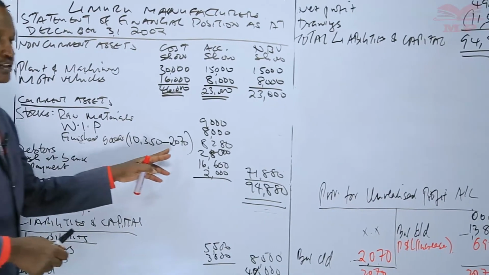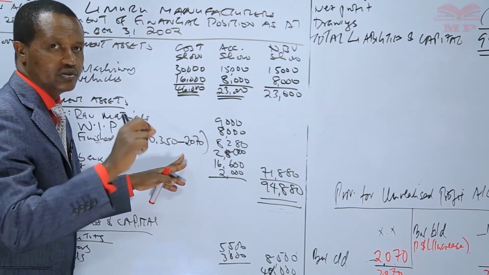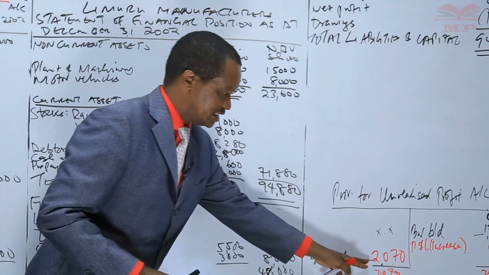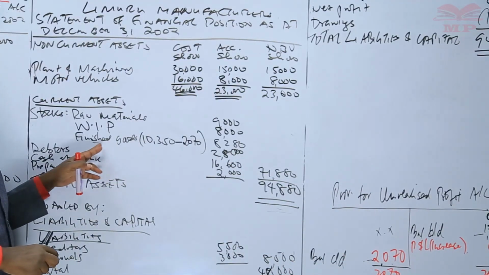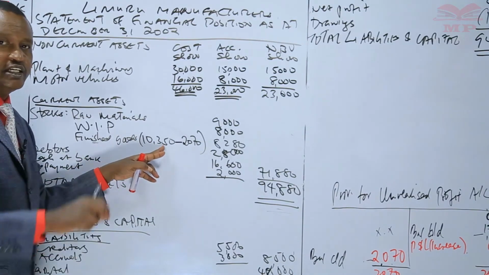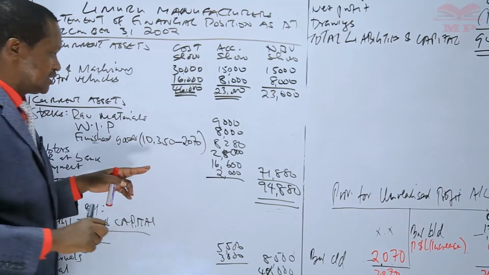As for the balance sheet, I have just demonstrated it here. We need to deduct the balance carried down on the unrealized profit at the end. This balance is what we deduct from the finished goods, because the finished goods of 10,350,000 includes the profit that has not been realized.